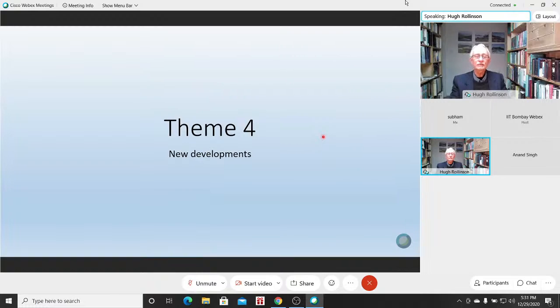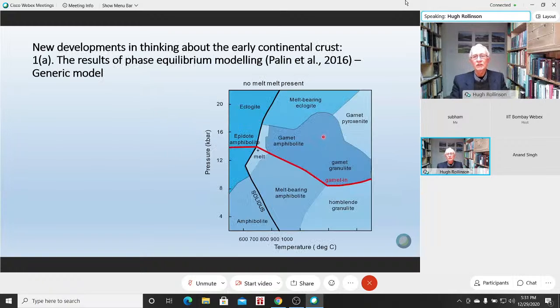So what's happened most recently, which might help us resolve or not resolve these problems? Well, I want to talk to you about three new developments which have taken place in the last 3 or 4 years. The first one is the results of what we call phase equilibrium modelling, which has been used to try and help us understand the origin of melting processes in basalts.